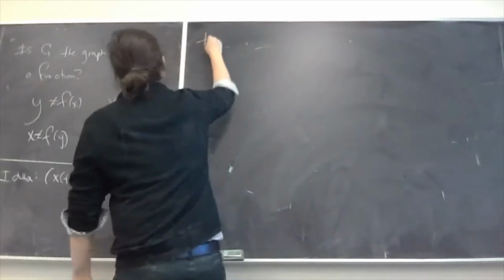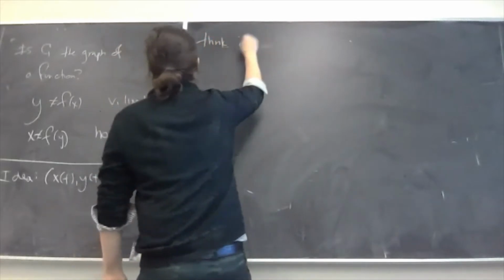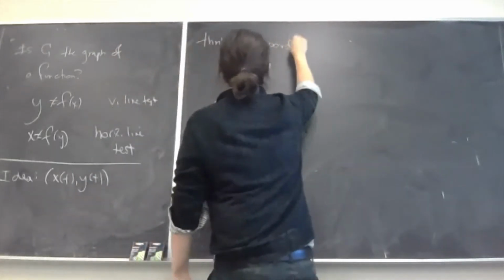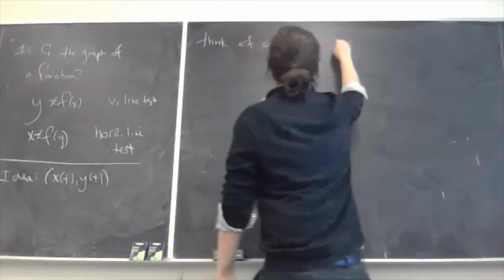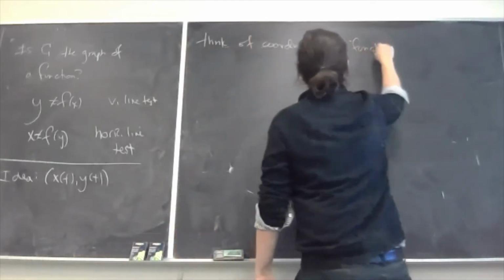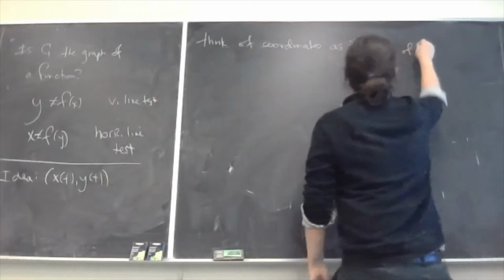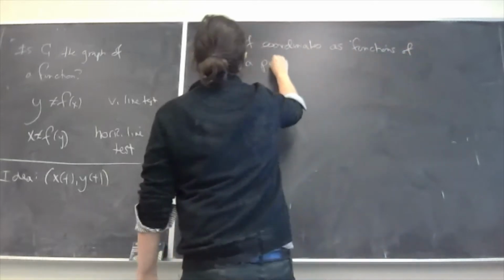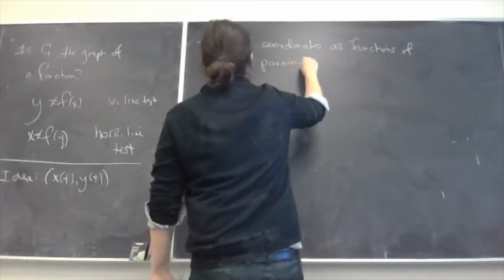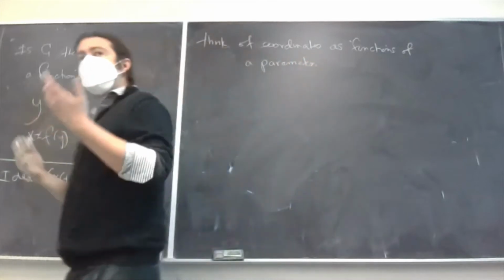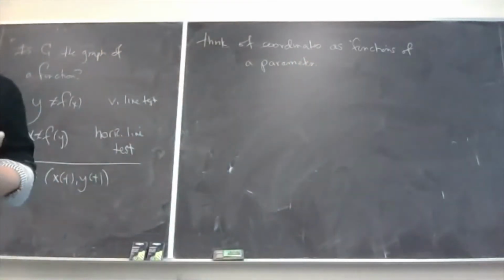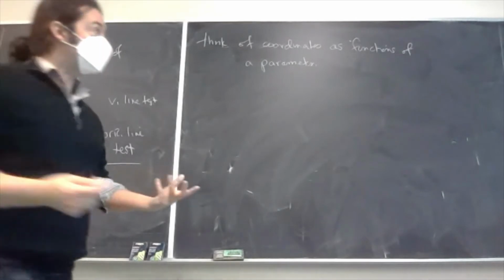So what we're going to do is think of the coordinates as functions of a parameter. Now the parameter is not always time, but it's useful to think about the parameter as time because that grounds this in a physical analogy.